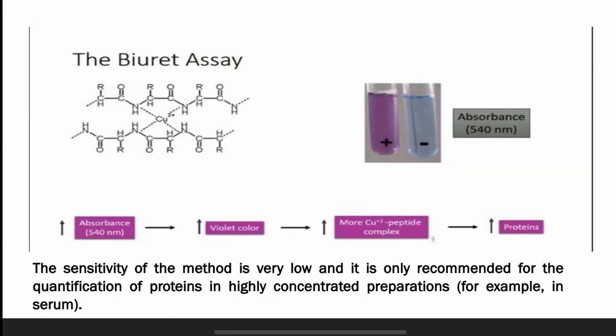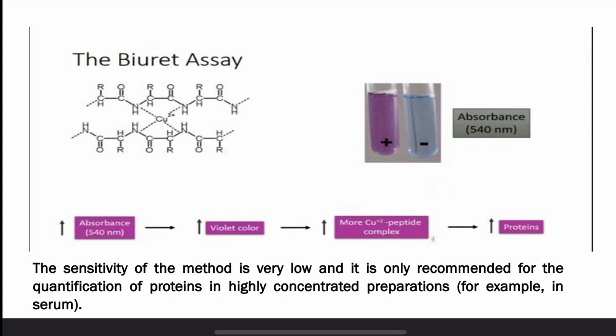The absorbance of this specific violet color is at 540 nanometer. So the increase of the violet color means an increase in the copper amount or copper peptide complex, which means we have a large amount of protein in the sample.